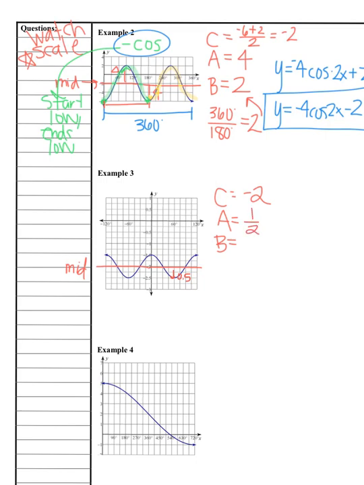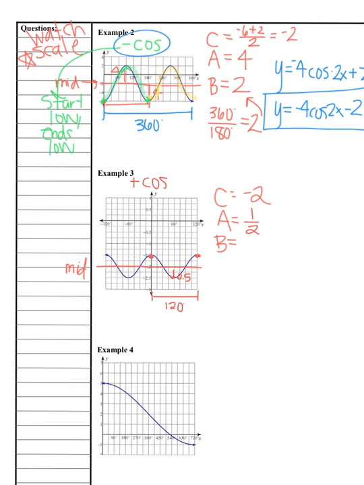And then in this particular graph, you cannot see 360 degrees. So what we want to do is take a look at one full cycle. So I'm going to look at the starting point here is above the midline. It starts above the midline and ends above the midline, so that makes it a positive cosine curve. And we've got one full cycle from here to here, which is 120 degrees.